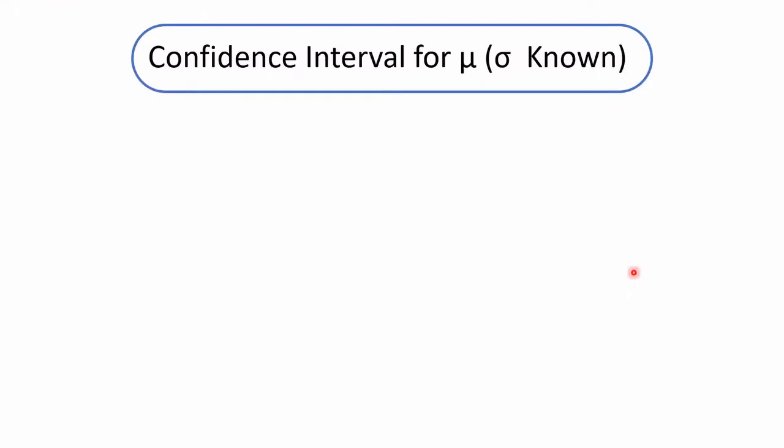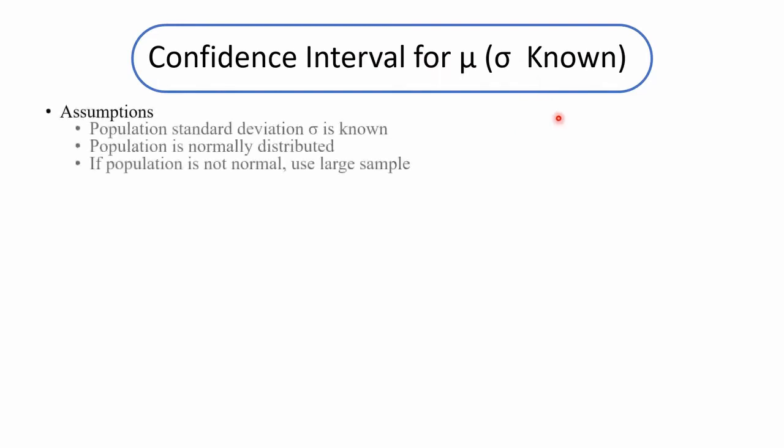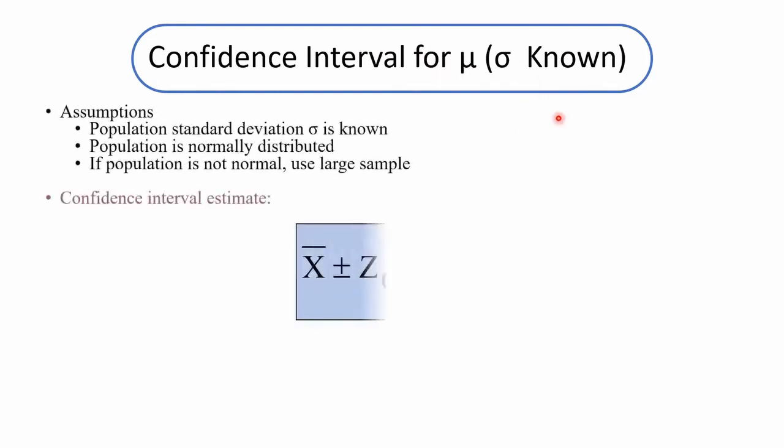Right. So the confidence interval for your population mean mu when your sigma is known is given by this particular equation. So there are a few assumptions as well. The population standard deviation is known. The population is normally distributed, and if the population is not normal, you have to use a large sample.